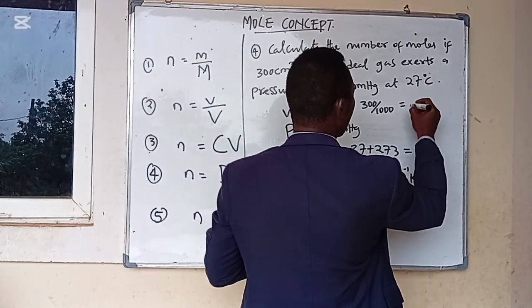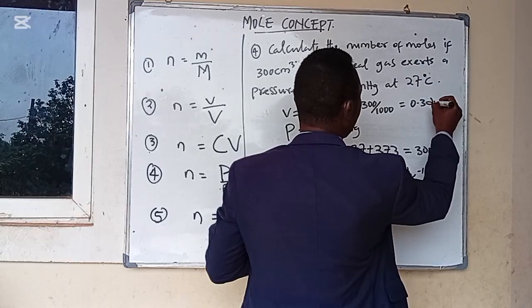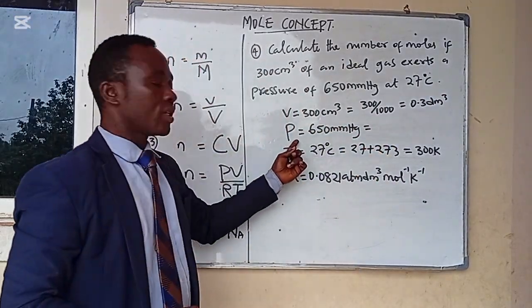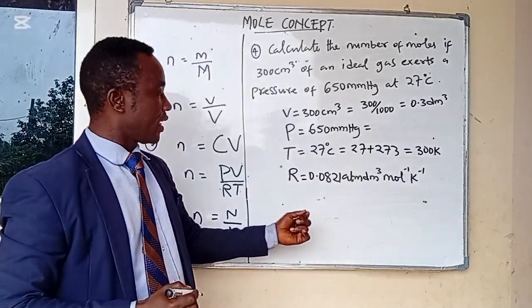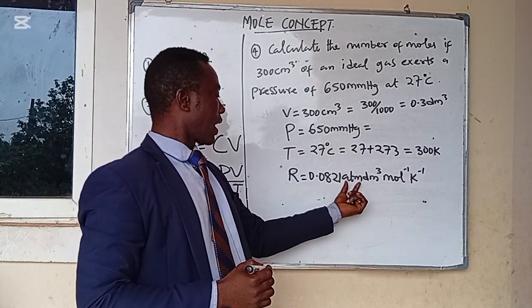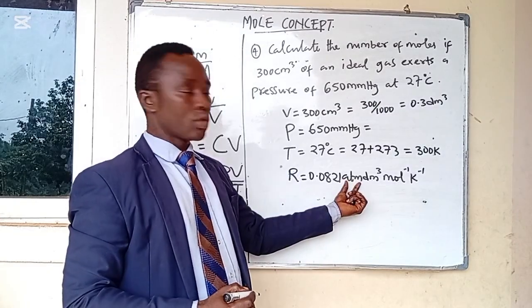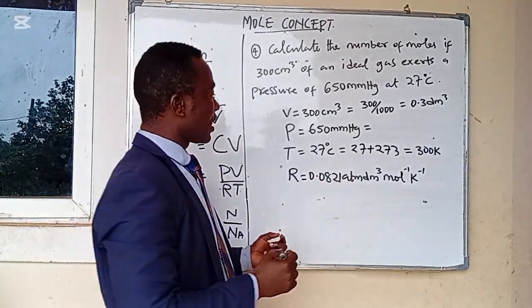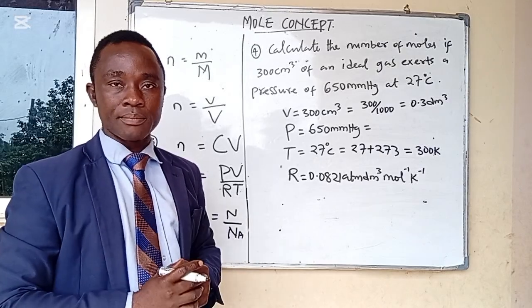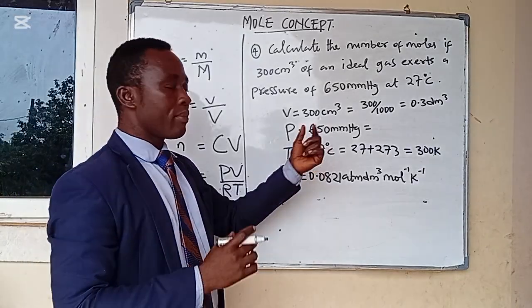That will give us 0.3 dm³, right? Then we'll convert the pressure to atm. Remember, the molar gas constant is in atm. How do you convert millimeter mercury to atm?